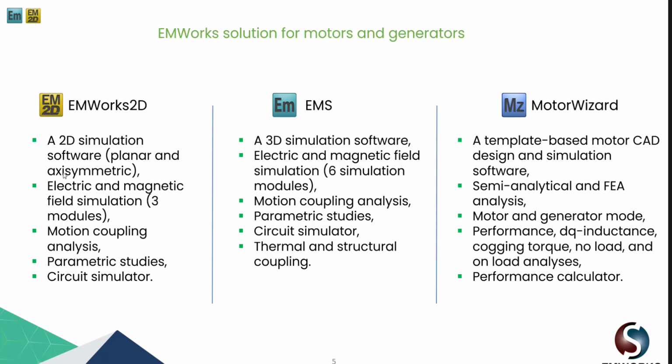EMS is fully 3D, so you can do axial flux motors and generators, and it has similar capabilities: coupled to motion, parametric study, circuit simulation, and thermal and structural coupling are all in EMS.